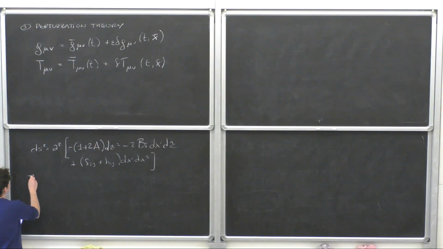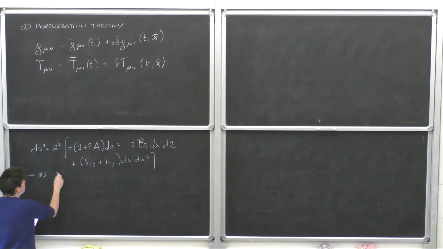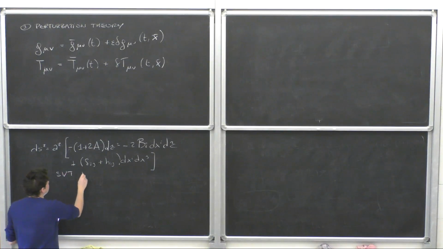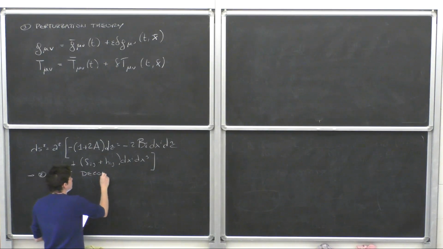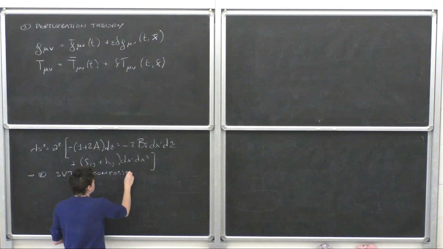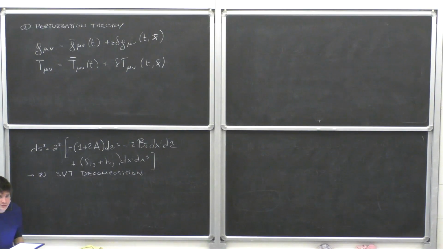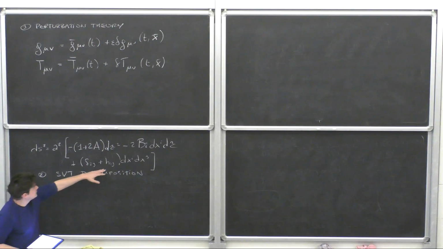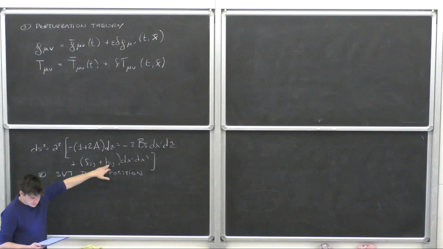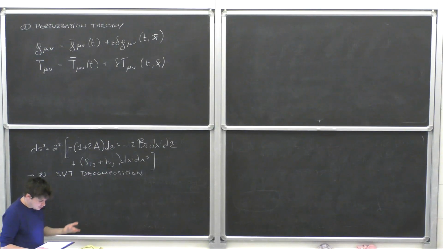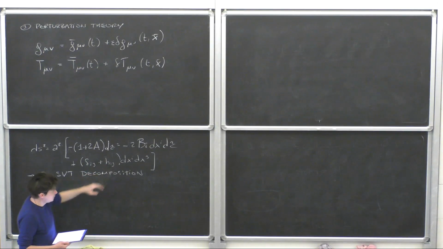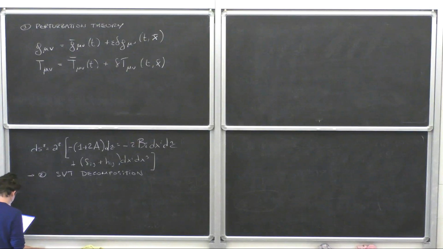This is the idea of doing a scalar, vector and tensor decomposition of the perturbation, with respect to the three-dimensional metric. So we ask, this is a spatial perturbation, how does it react, can we decompose it basically as 3D vectors?